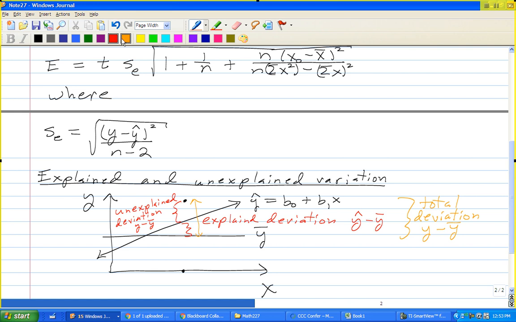Whereas this was the explained deviation, and that was the unexplained deviation. And the sum of those explained and unexplained was the total deviation. Okay.